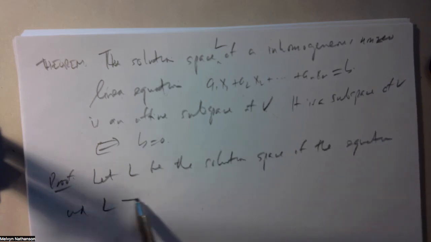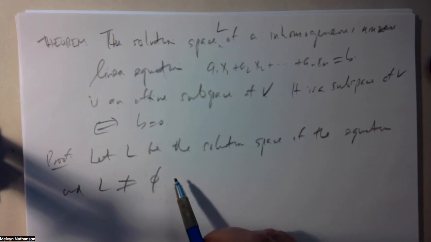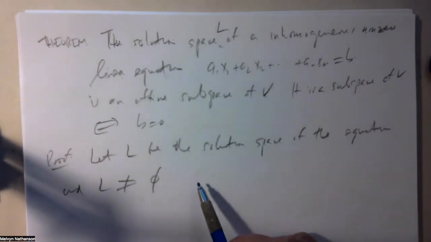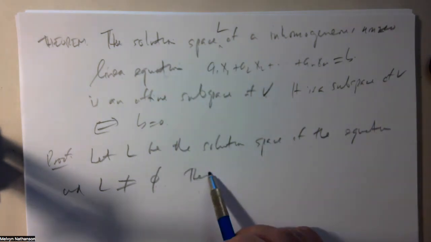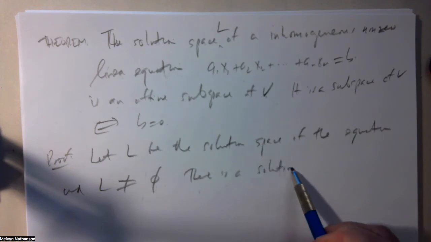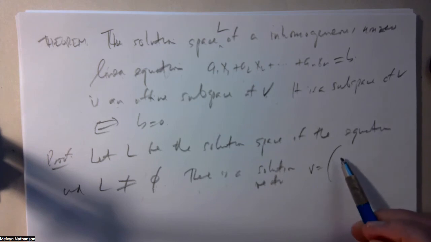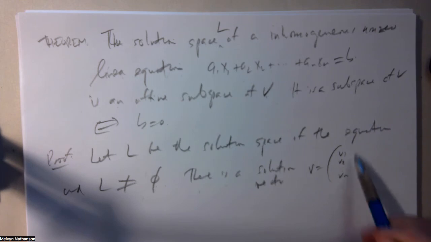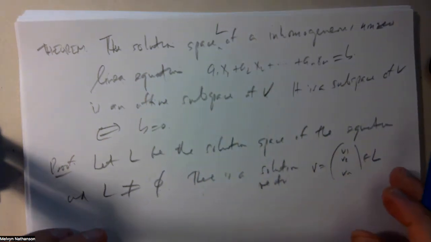And L is not equal to the empty set. This is the empty set, that's the set with nothing in it. This means that there is a solution, a vector v, with coordinates v1 to vn in L. There's some solution of this equation.